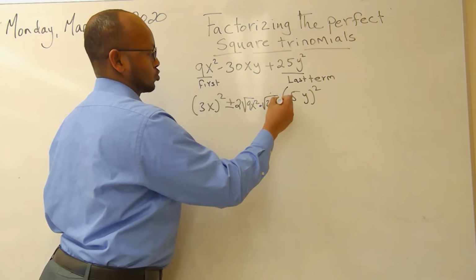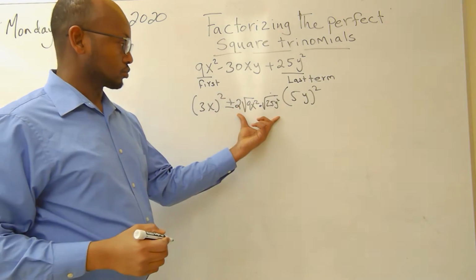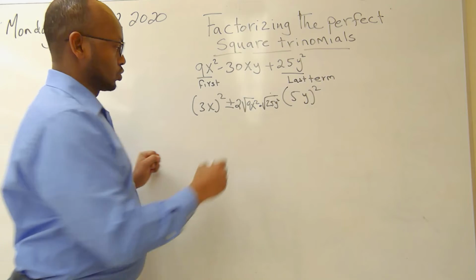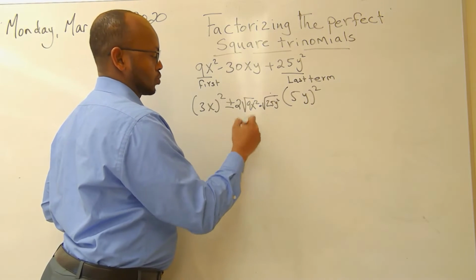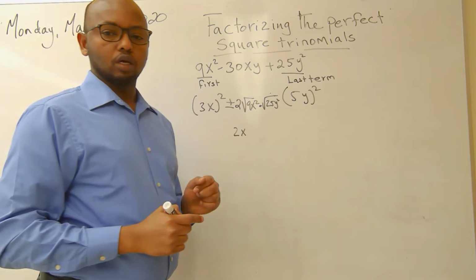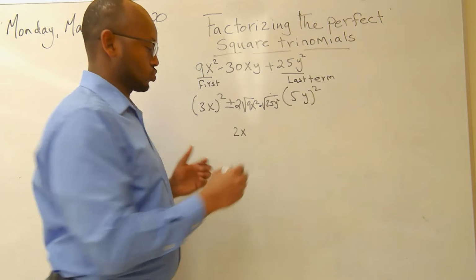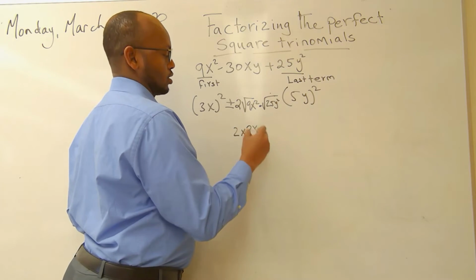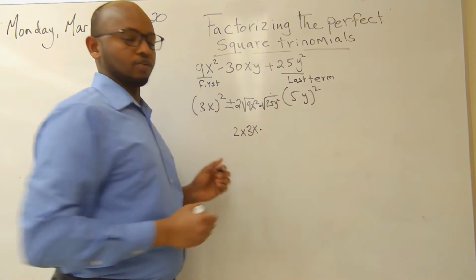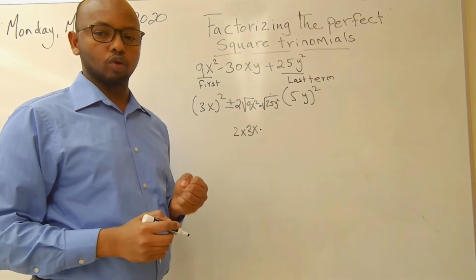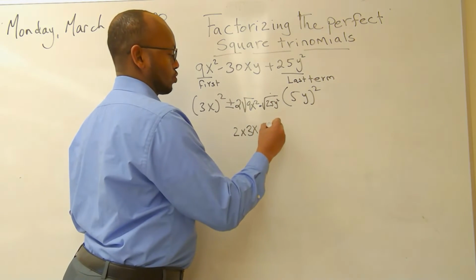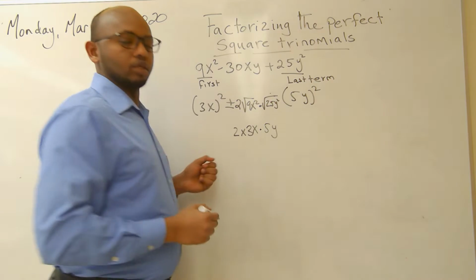The square root of 9x squared is 3x, and the square root of 25y squared is 5y.